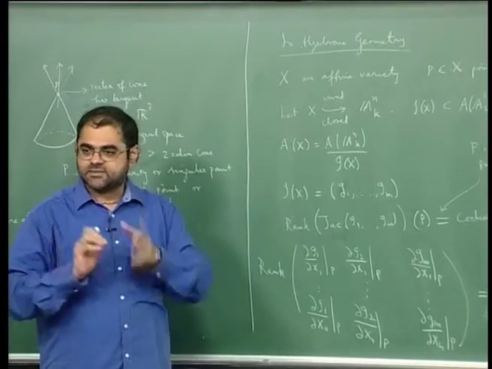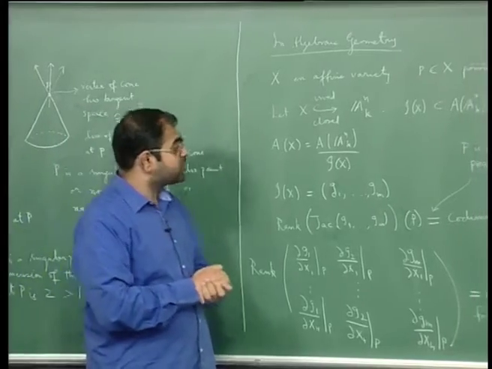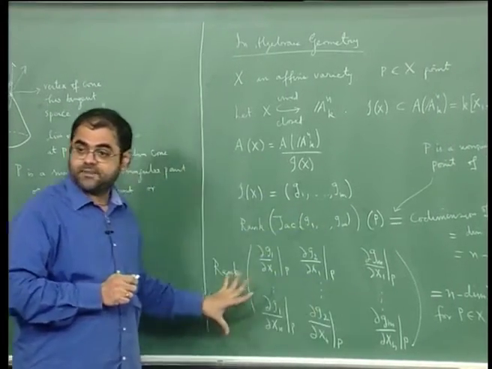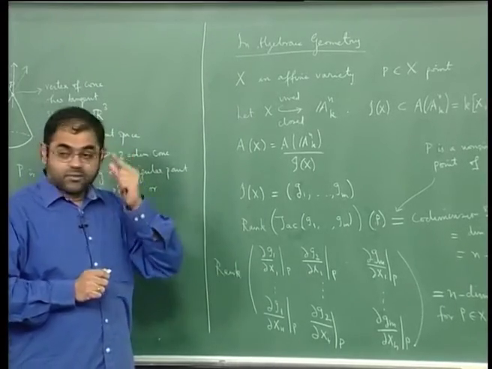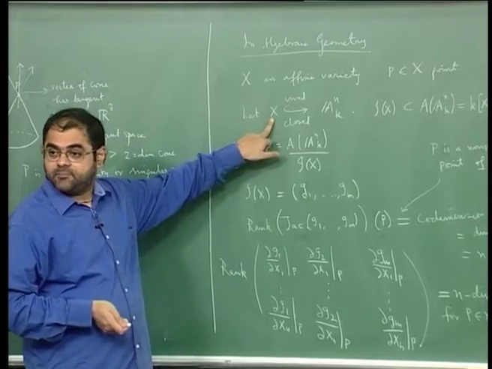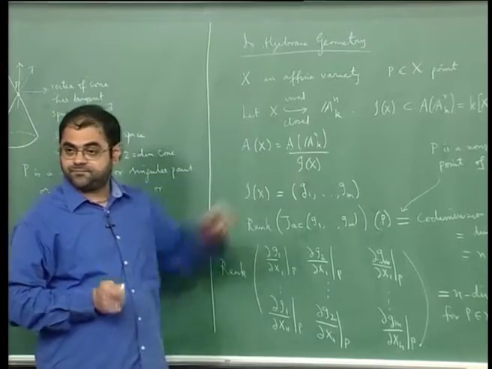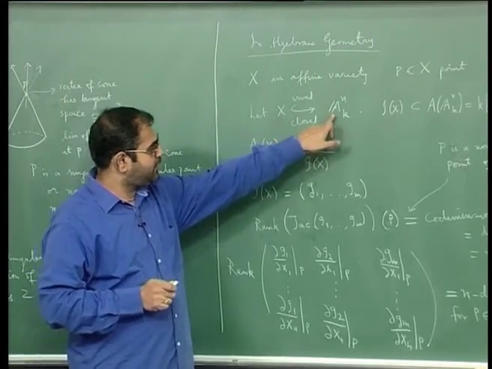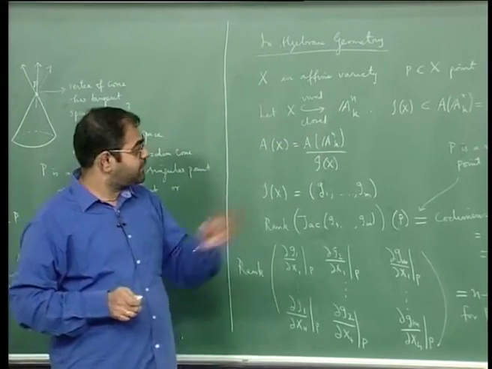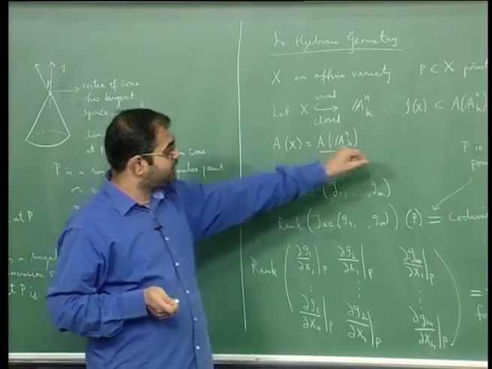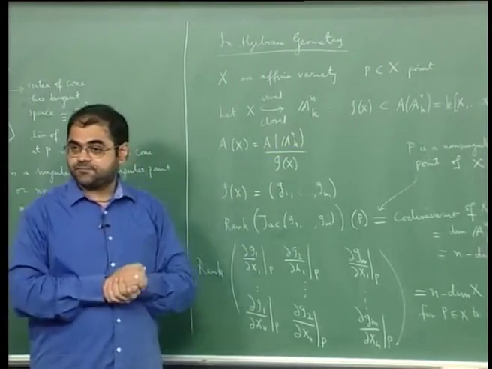That's an issue that's easily resolved, but there's something more serious. The more serious thing is this numerical business here. You see there is a lot of ambiguity here. The same affine variety could be embedded in different affine spaces. I could embed this same affine variety in An, I could also embed it in some Am. If I embed it in a different Am, then the ideal will change.